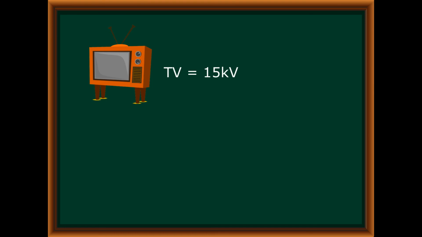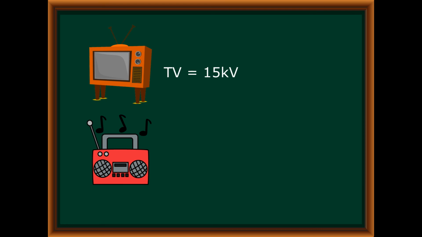For example, the television tube requires a potential difference of 15 kV, whereas a radio requires a potential difference of only 12 V. Therefore, it is necessary to raise the electrical voltage from 240 V to 15 kV and to lower the voltage from 240 V to 12 V so that the television and radio can function.